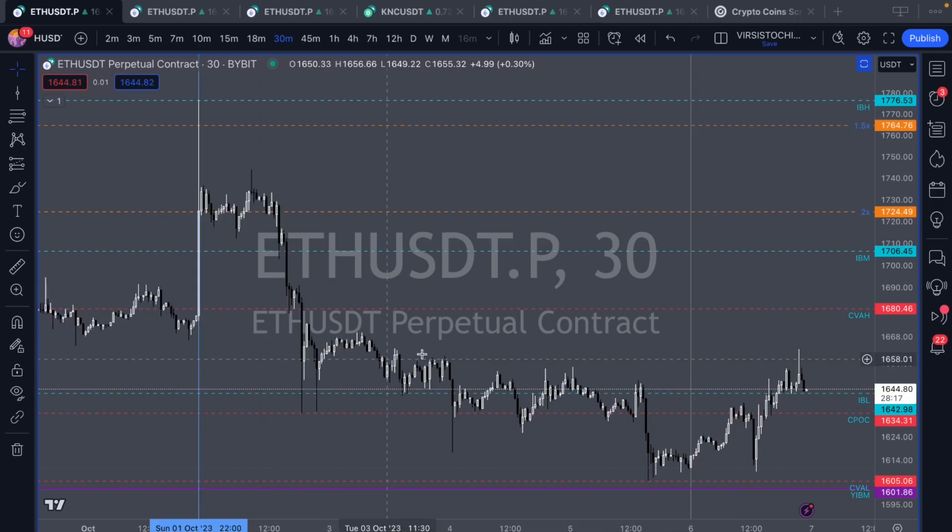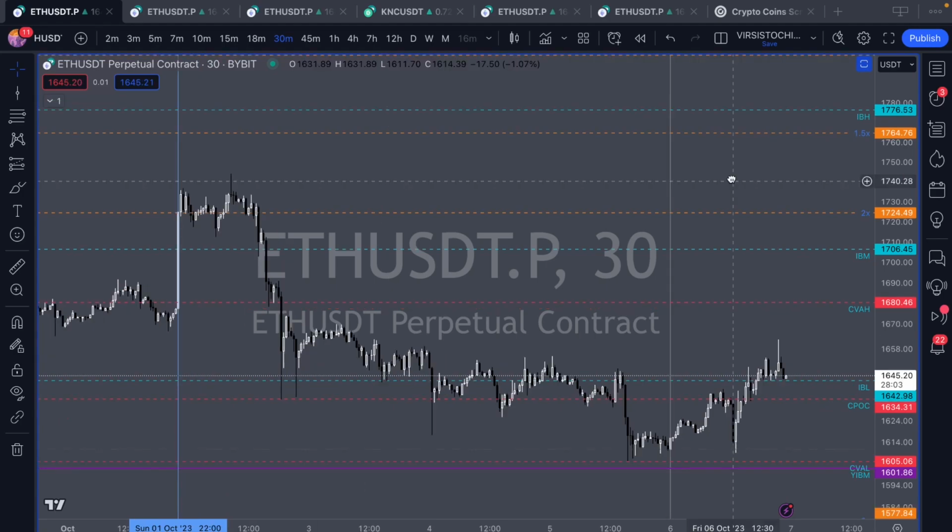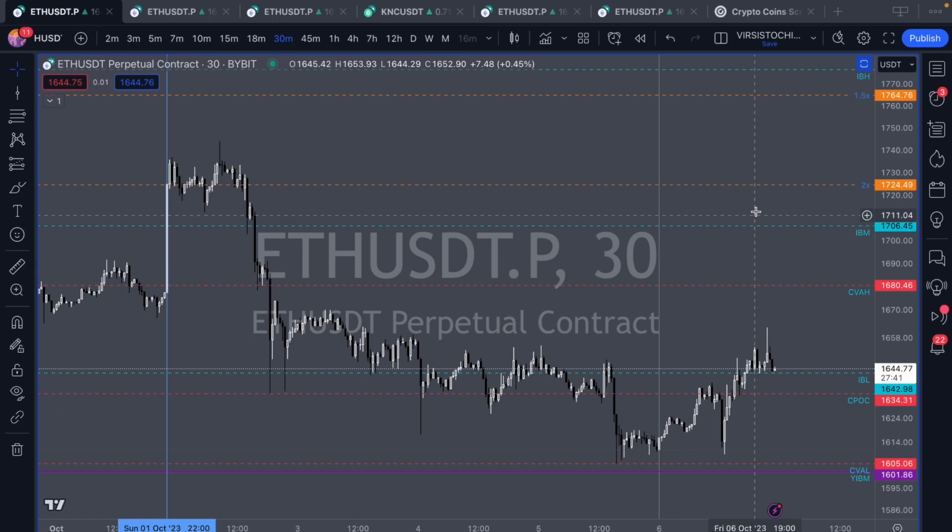It'll either go down to the 1.5x, which is down here at 1575, or it will reject, or sometimes it'll just teeter along it. But when that happens, more often than not, it will return back to the initial balance, because that is what is considered a failed auction.